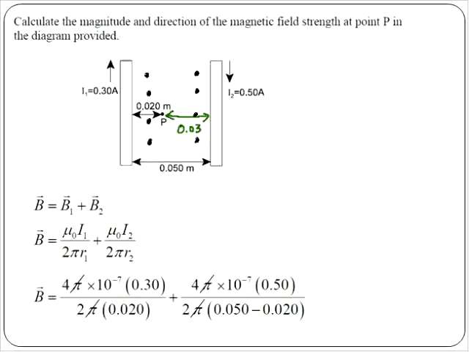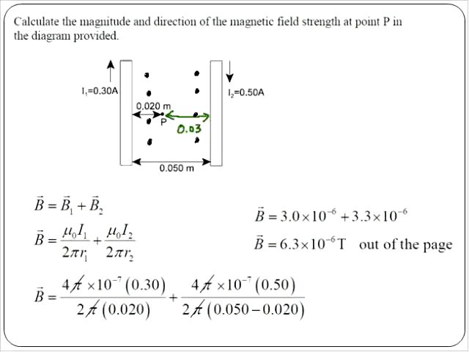Once you do that, you get 3.0 times 10 to the negative 6 plus 3.3 times 10 to the negative 6, which gives you 6.3 times 10 to the negative 6 Tesla. And because both fields are out of the page, the overall, or net field, is also out of the page. That's the way it works.